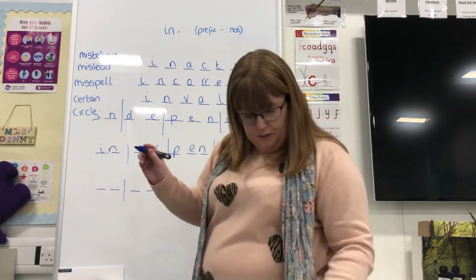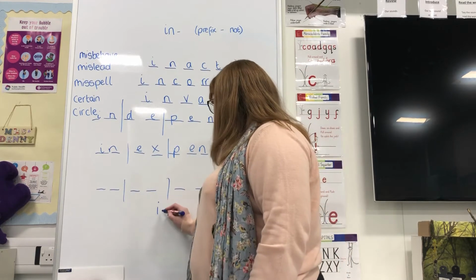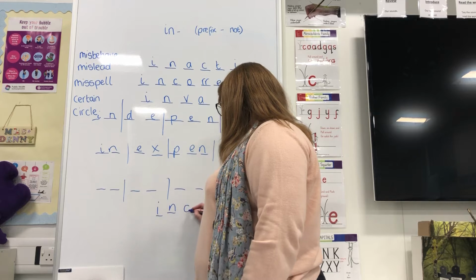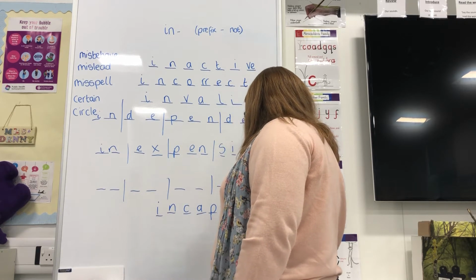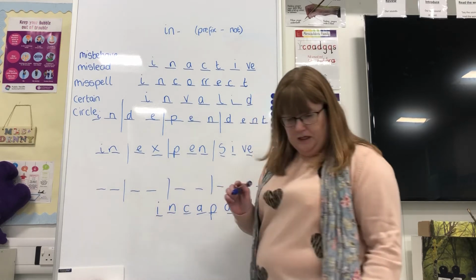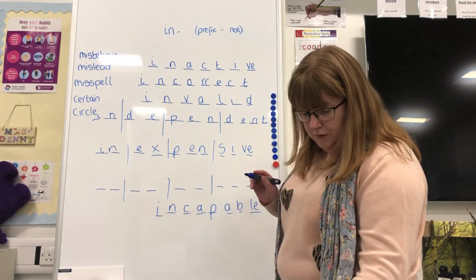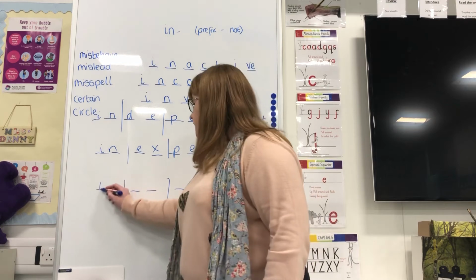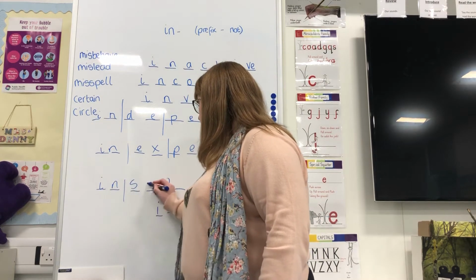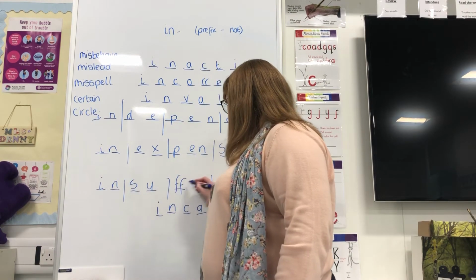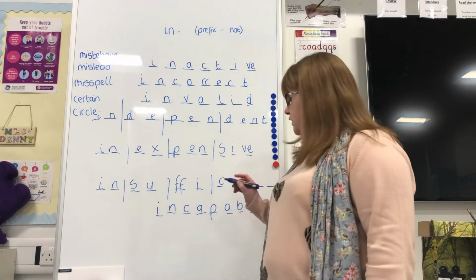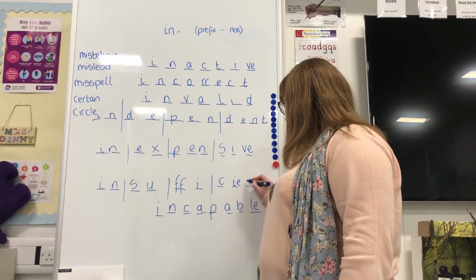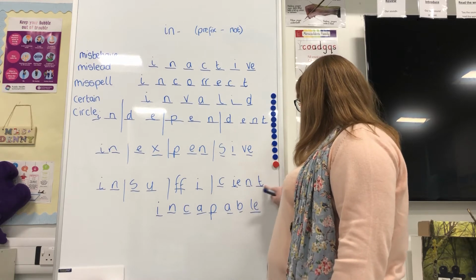So let's do, so we've got incapable. So I, N, C, A, P, A, B, L, E. That's incapable. So take it off. If not, you can watch the video again. So insufficient, I'm going to put here, S, U, F, F, I. This makes a sh sound. C, I, E, N, T. Okay.